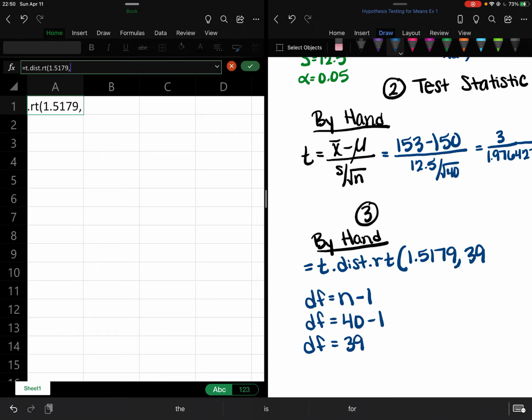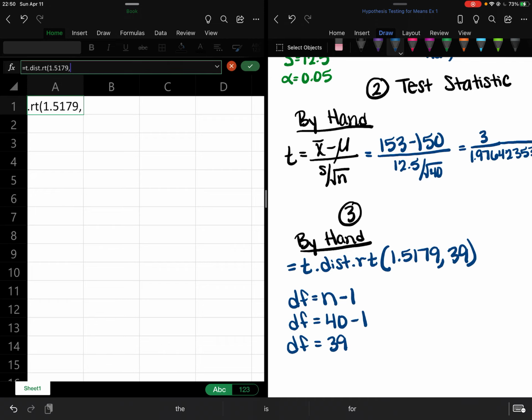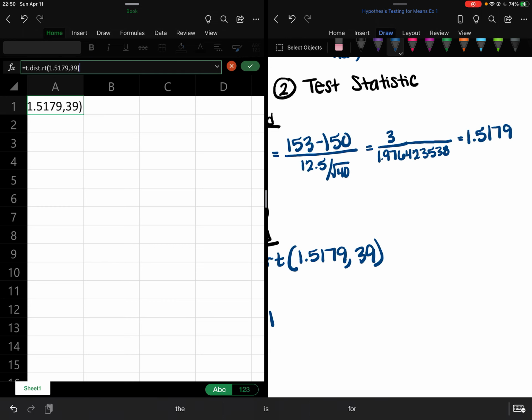That tells Excel which of those many t-distributions to look at to calculate this distribution, because the t-distribution is slightly different depending on your sample size. So t.dist.rt, 1.5179, comma 39.